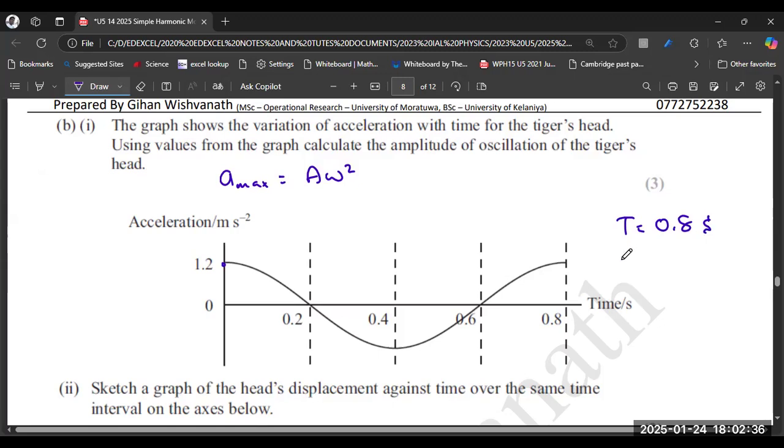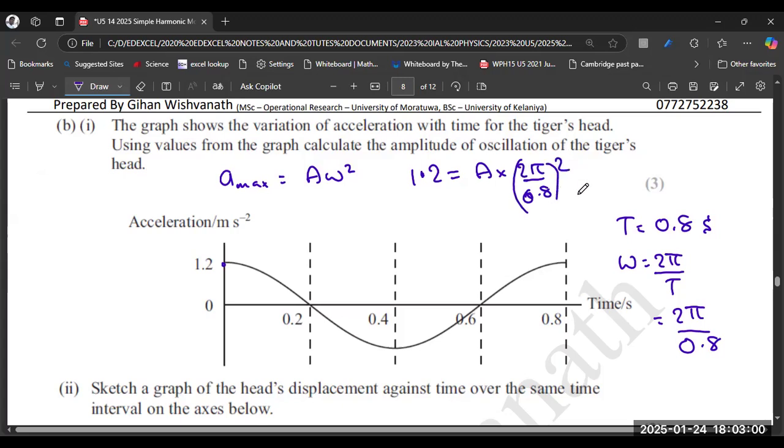We can find omega, then substitute that omega with the maximum acceleration of 1.2. Then you can calculate the answer.